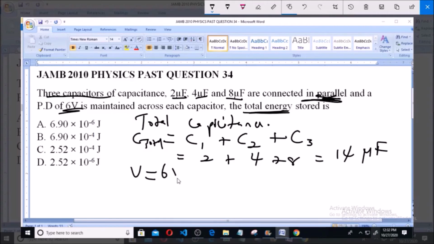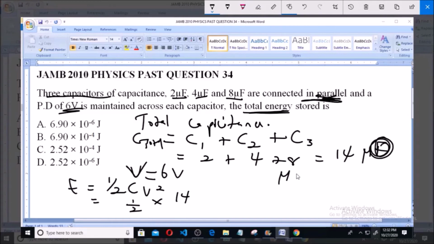Let's say V, the potential difference. Now the energy is equal to half CV squared. So this is equal to 1 over 2 multiplied by 14. We need to find our answer in farads, so we convert from microfarads to farads: 14 times 10 raised to the power of minus 6.